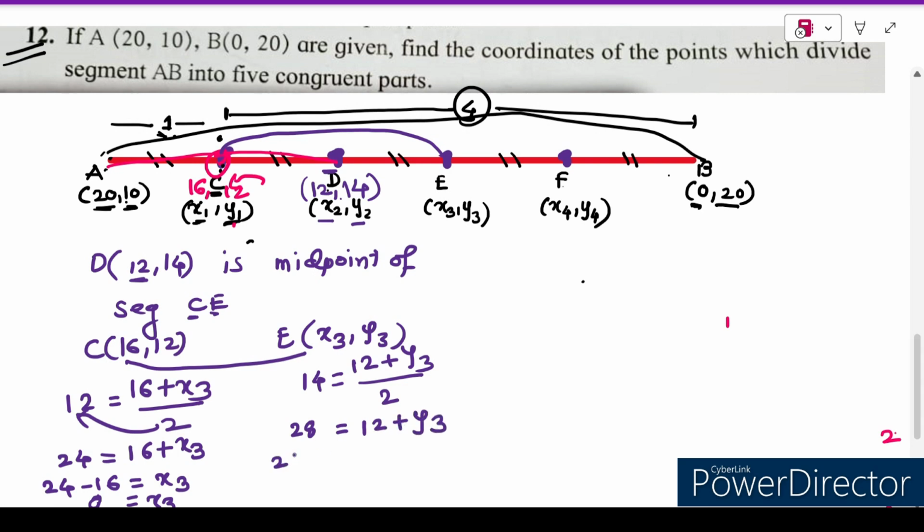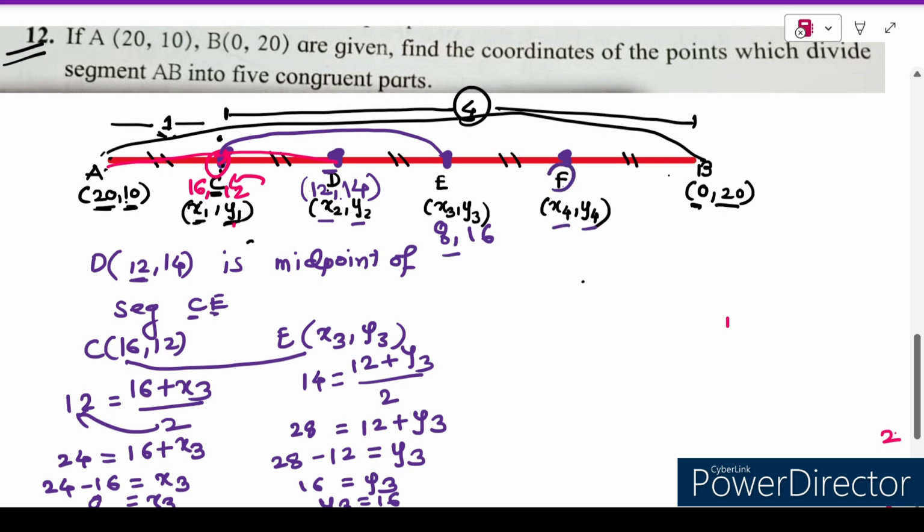Now 28 minus 12 is equal to y3, that is 16 is equal to y3. Therefore y3 is equal to 16. The value of x3 we get here is 8 and the value of y3 is 16. Now we have to find x4 and y4.